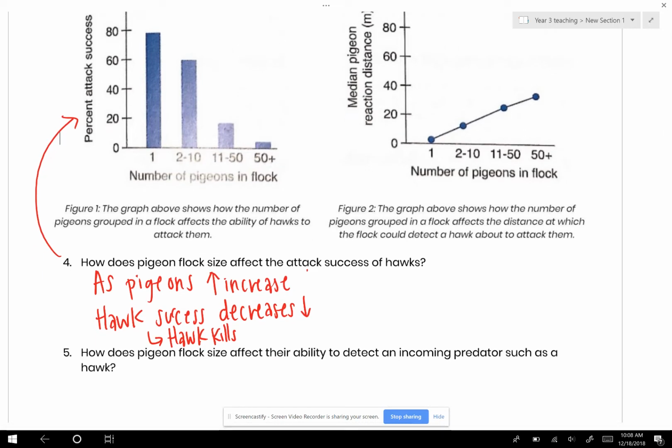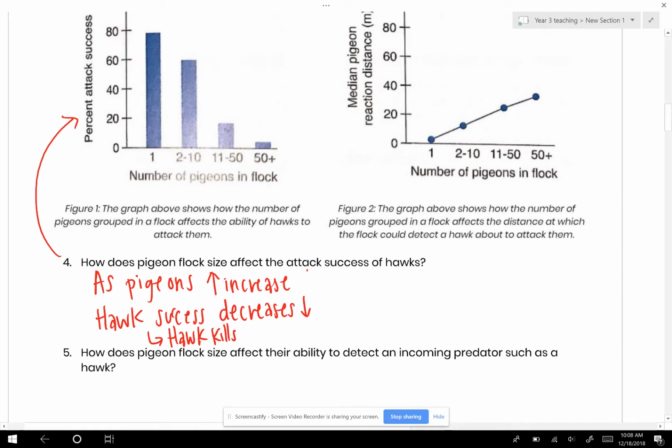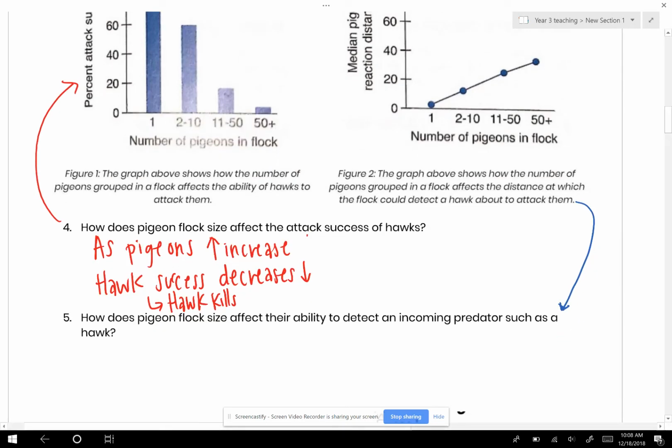For number 5 down here, I'm going to change this up. For figure 2, we're talking about number 5, this one right here. How does flock size affect the ability of an incoming predator such as a hawk?